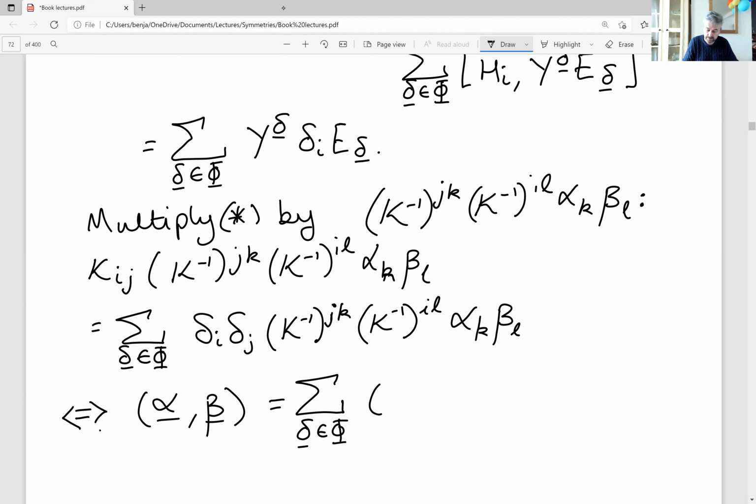Okay, so we've got one kappa_ij which links delta and alpha, and one kappa^-1 il which links beta and delta. So we get the inner product of alpha and delta times the inner product of beta with delta, and this is equation 6.9.